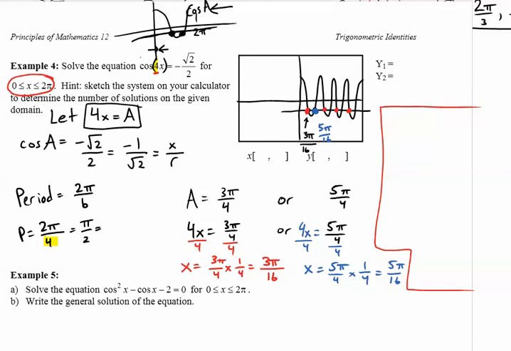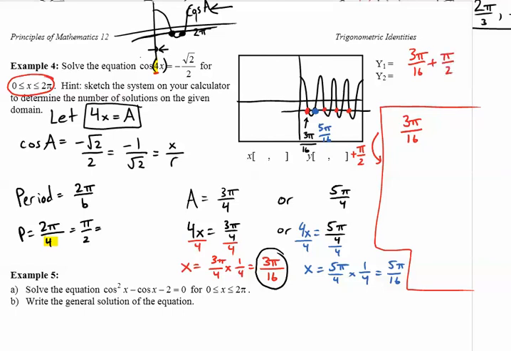Now if I want to make that easy to add to my original answer, I just need to write it with the same common denominator. My first answer is 3 pi over 16. My second answer I can get by just adding pi over 2 to the first answer. But 3 pi over 16 plus pi over 2 is kind of hard.